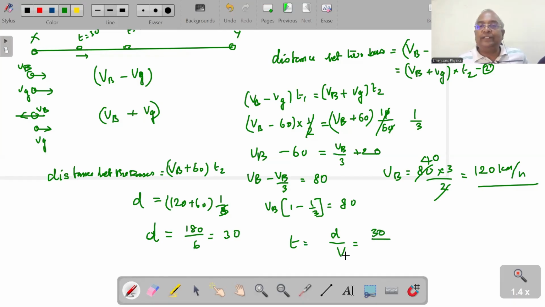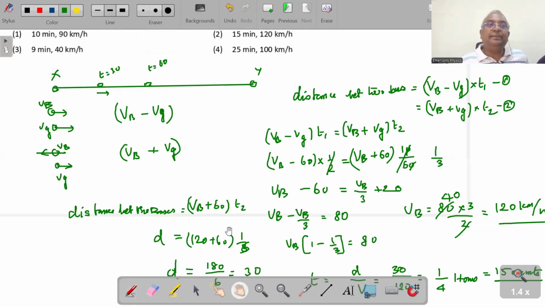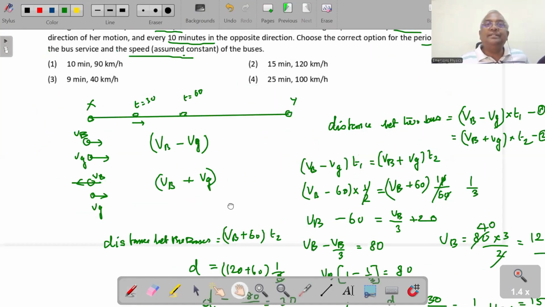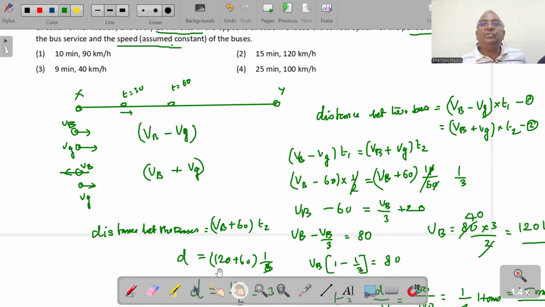The bus travels with the velocity 120. So the answer becomes 1 by 4 hours, a quarter hour, 15 minutes is the answer. So the answer for this sum is 15 minutes and 120 kilometers per hour. So option 2 is correct.